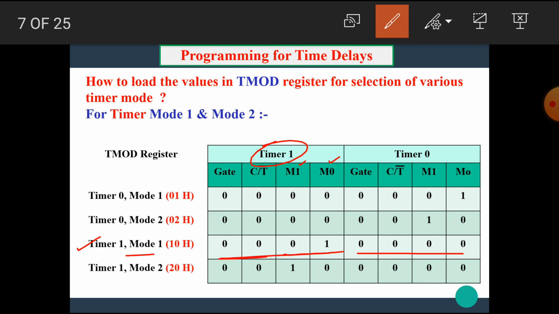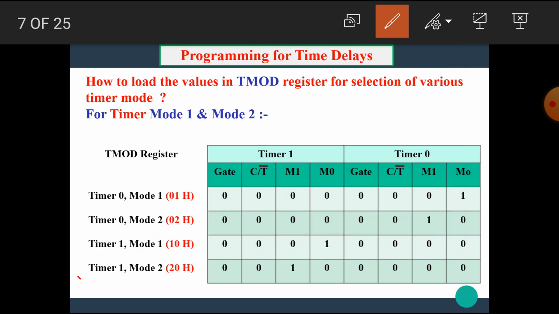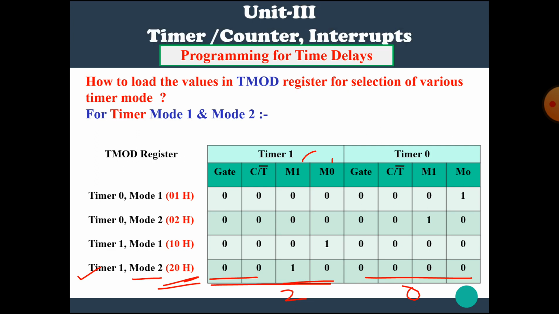We get the combination 0001, that means 1, and 0000, that means 0, so 10H. If we want timer 1 in mode 2, we give the combination M1 M0 as 10, other bits are 0, and we get 20H. I hope you all understand how to select the proper timer in the proper mode.